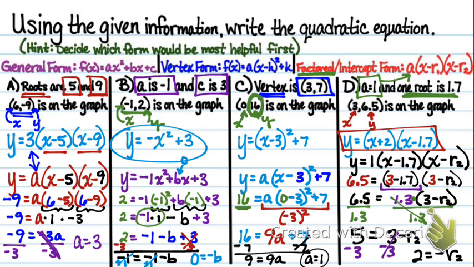I'd divide by what? Negative 1. So I get that r2 is negative 2. So I would have x minus negative 2. What happens when you subtract a negative number? You get a positive. That's how I ended up with a plus 2 right there.